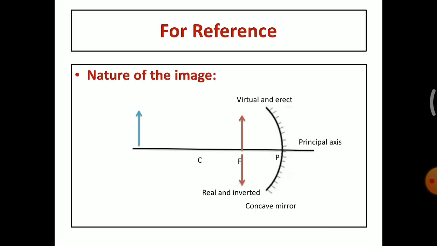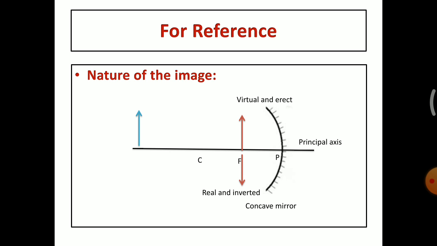For your reference, if you take a concave mirror, the object is always placed in front of the mirror. The image will be formed both in front of the mirror and also behind the mirror. If the image forms above the principal axis, that is virtual and erect.